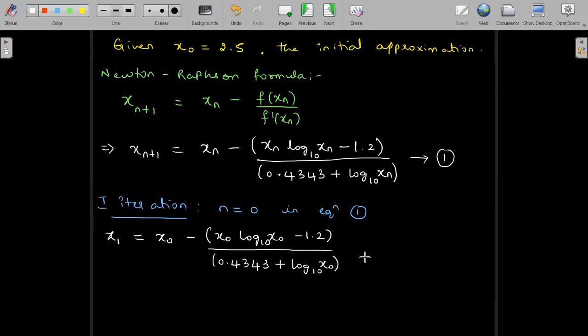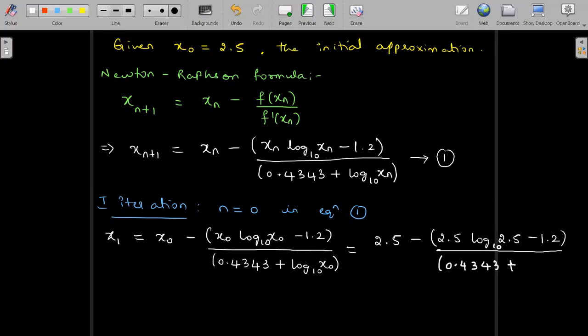X naught initially is given as 2.5, so we substitute wherever x naught is there as 2.5. So 2.5 into log 2.5 to the base 10 minus 1.2, the whole divided by denominator 0.4343 plus log 2.5 to the base 10.